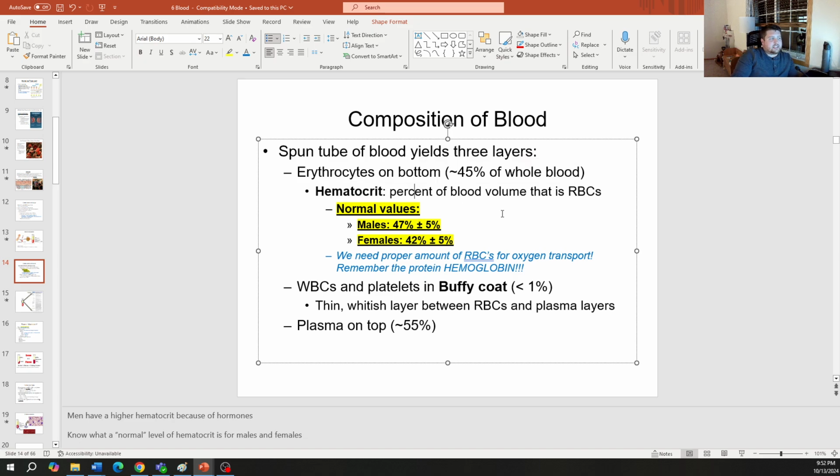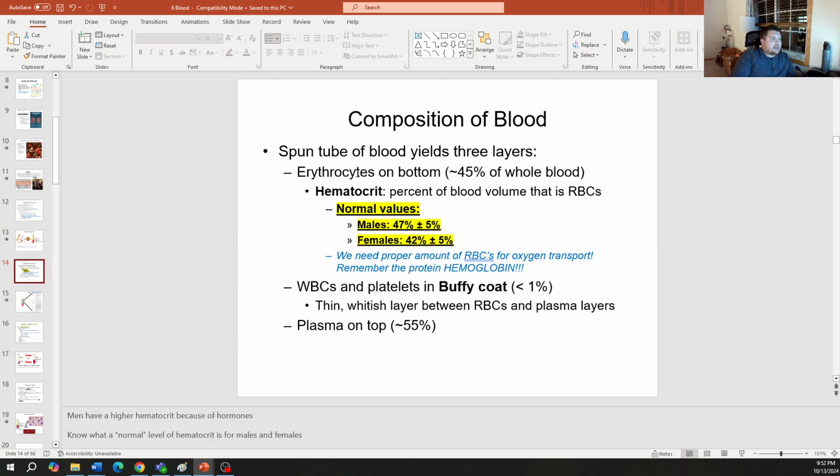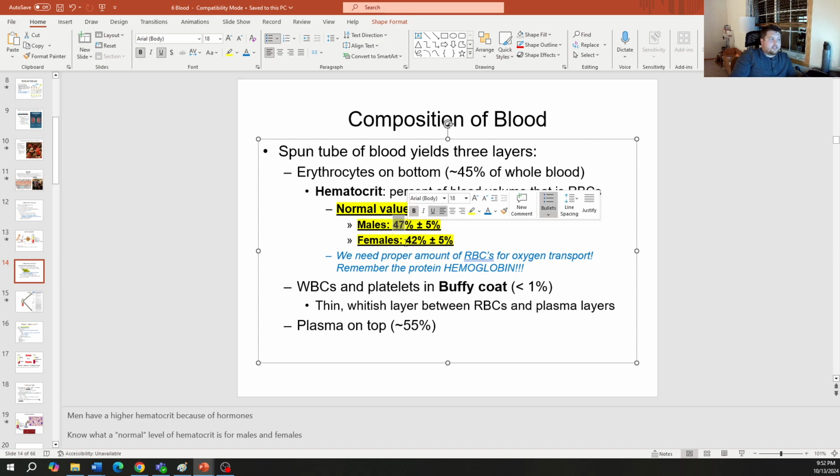Hematocrit is the measurement where you take the blood, spin it, and look at plasma versus the formed elements, specifically the red blood cells, and say, what percentage of the blood do the red blood cells make up? That is our hematocrit. For males, it's about 47% of blood. Females, it's about 42%.